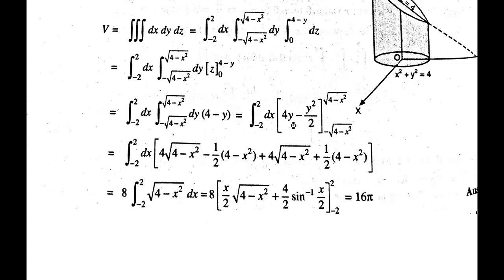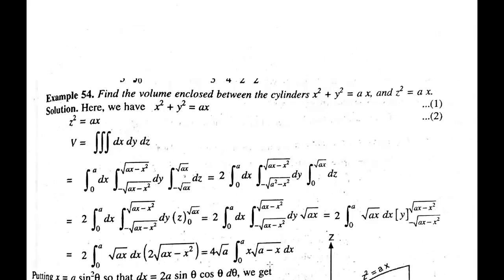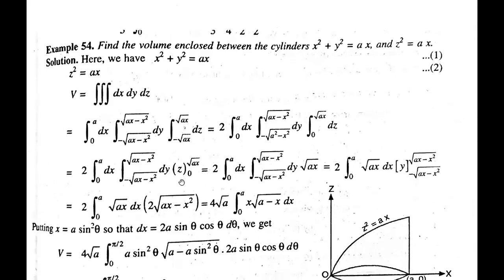So you can see this question and try to understand this question, right? There is another example here. This is a cylinder related question. Find the volume enclosed between the cylinders, this one and this one, right? So for the limit of x and y, you can calculate from here. So y square is equal to ax minus x square.